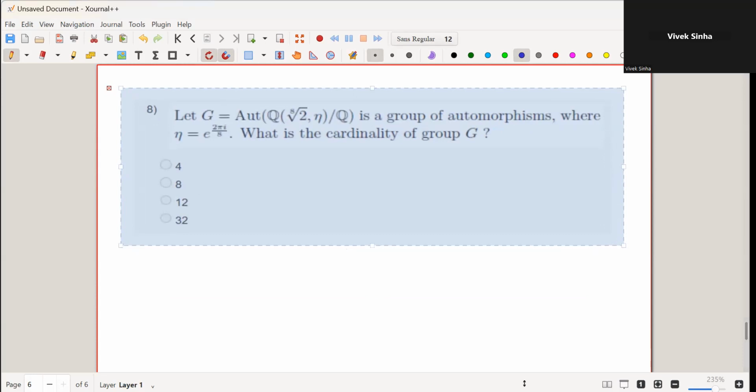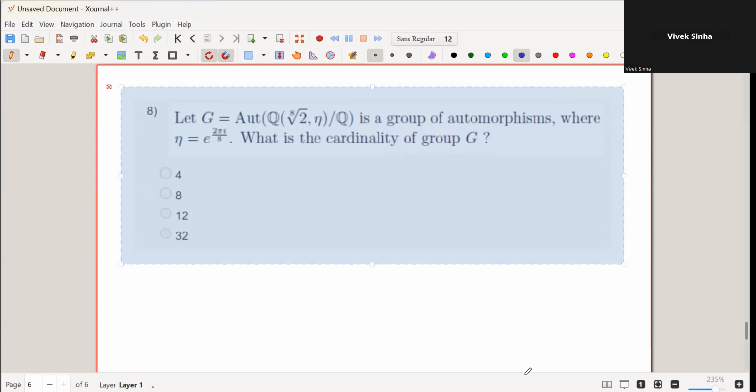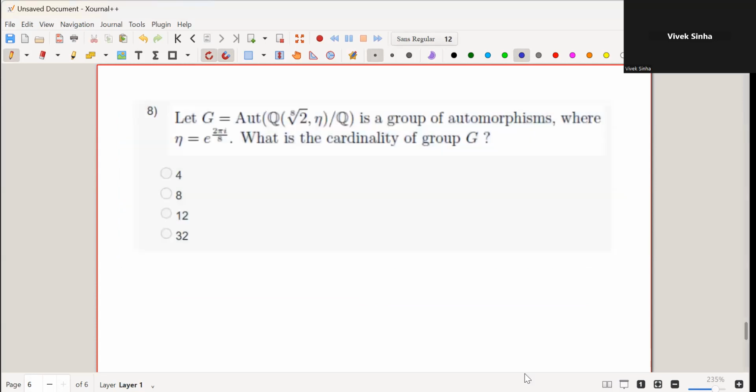Yeah. It says let G be the automorphism group of Q adjoined with the eighth root of 2 and the eighth root of unity over Q. Then what is the cardinality of the group G?